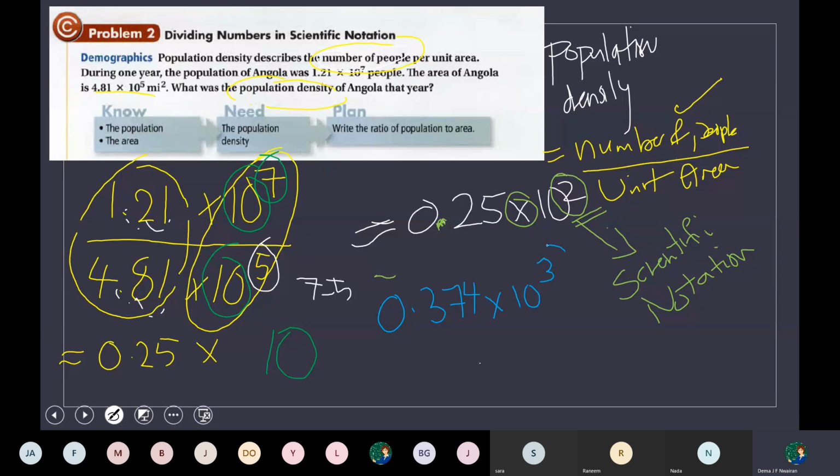What is the number that's written here? What is the number that is raised to 10? It's a 3. So because I have 3, I will move the decimal point 3 digits.